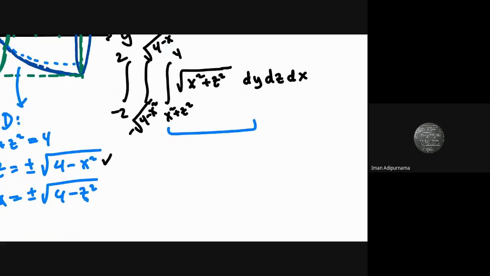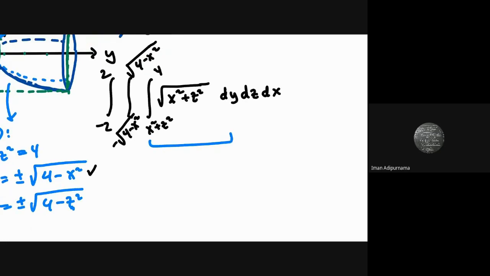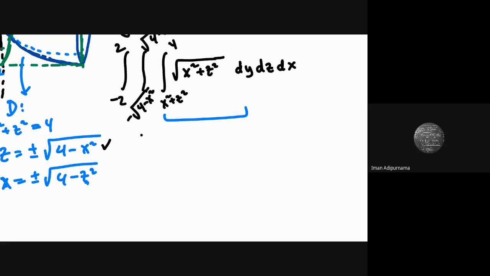Okay, so it seems scary, right? But let's try to check the inside integration at least. So this will be 4 minus... Okay, let's check the inside. It will be just this, just y, and then x squared plus z squared, right?